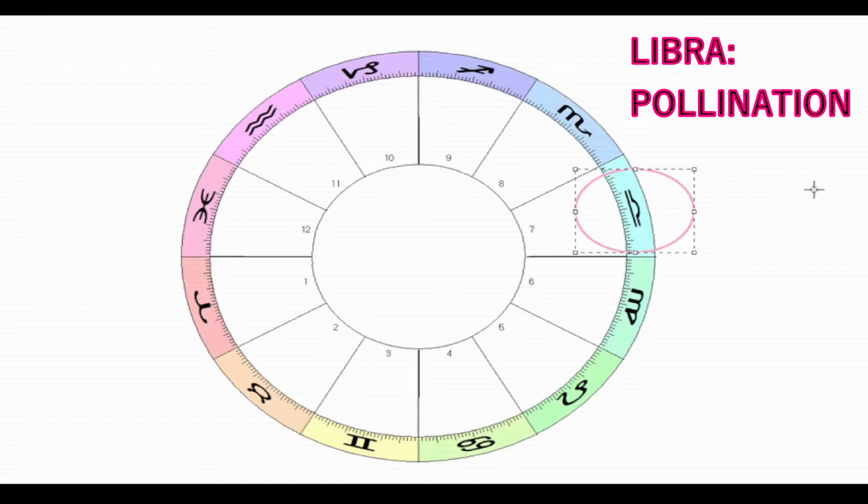And Libra is also all about attraction, love, harmony. Bringing together is what Libra does best. So as you can see, pollination is perfect. This sign is also about beauty, love, and attraction. Okay, so obviously these things have to do with the pollination.